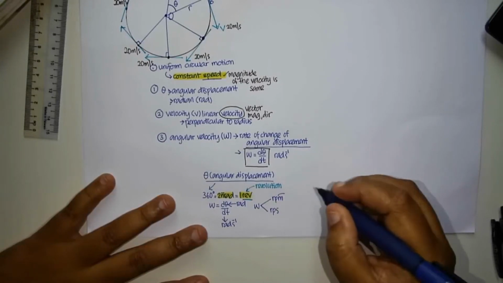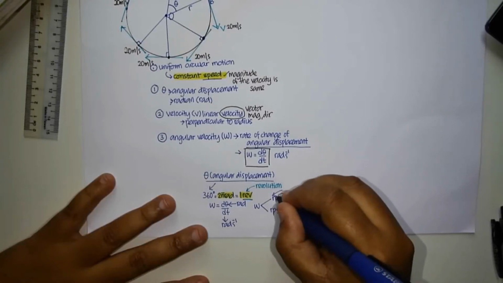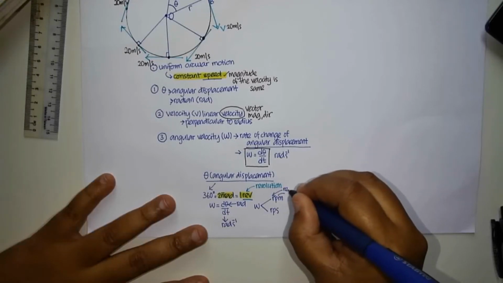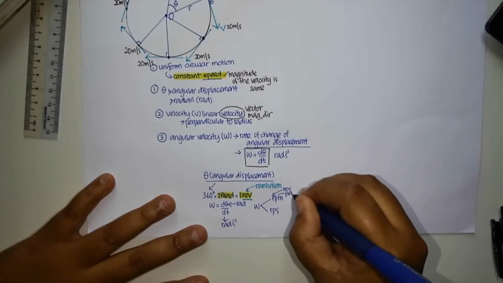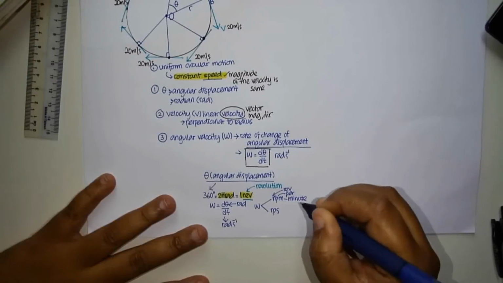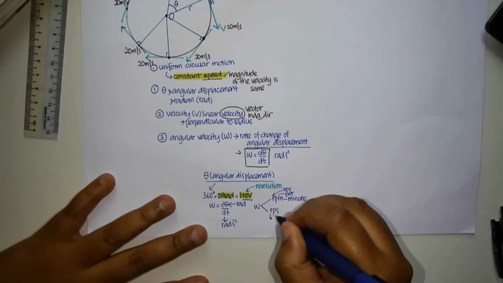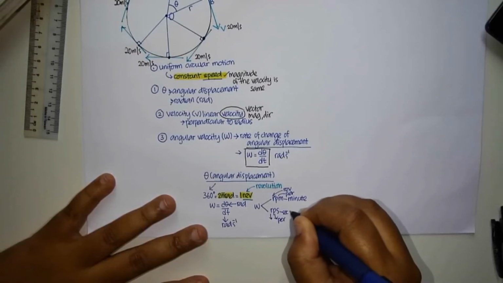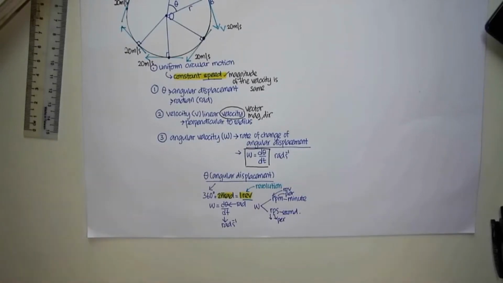It can be RPM and RPS. R stands for revolution, P is per, and M stands for minute. And for this one, R is rev, P is per, and S stands for second. So omega can also be expressed in RPM and RPS.